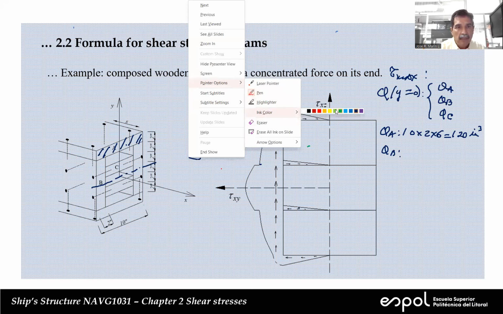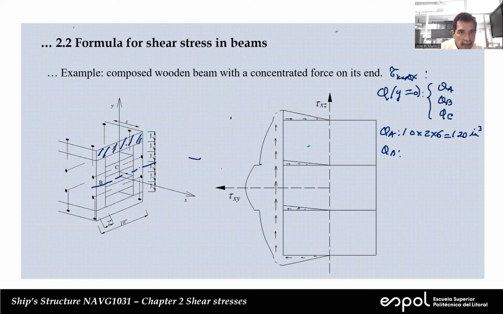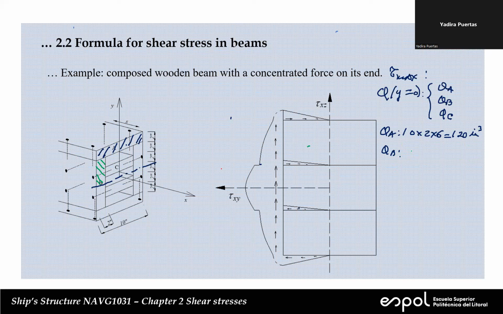Q of B is only this. Miss Puertas, please, how much is that? Miss Puertas, are you there? Yes, I am here, teacher.